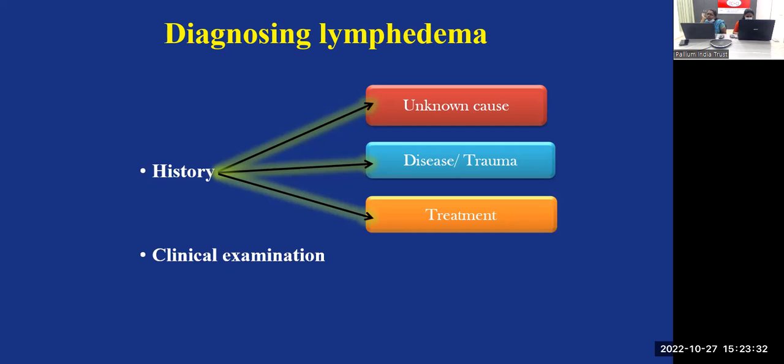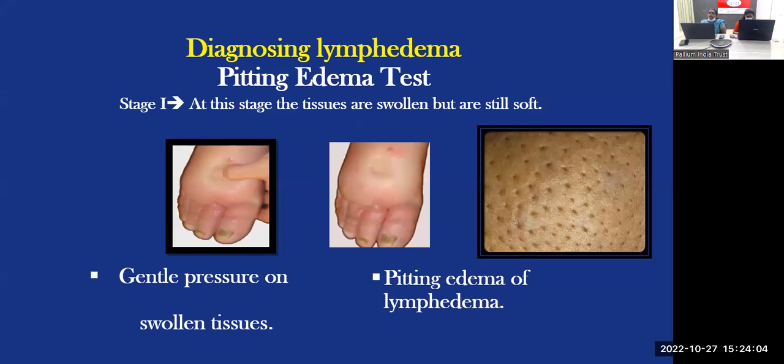Is it disease related or trauma related? Or is it treatment related? Based on your assessment, you will give a diagnosis. So here you need to do the proper assessment. After you take a detailed history, then you can move on to the clinical examination.